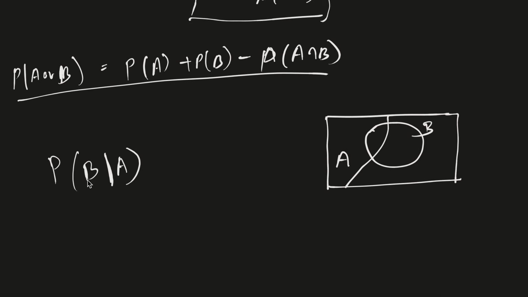Probability that B occurs when A is the sample space. So when this thing right here is the sample space, what's the chance that B occurs? Well, it is this chance, isn't it? This is the chance that B occurs, which means this is the common thing between A and B. Well, we can write it as the probability of A intersection B, the common thing between A and B.